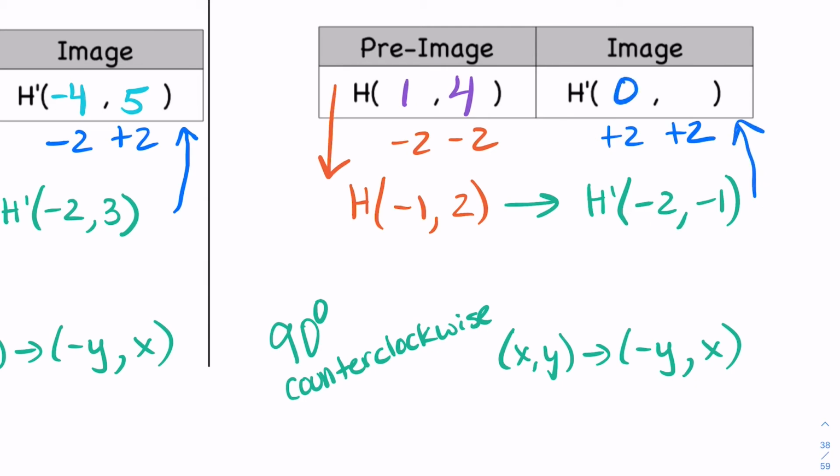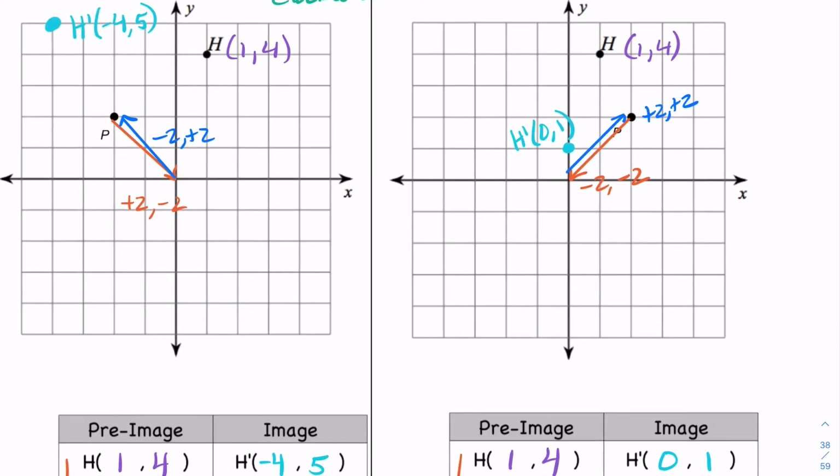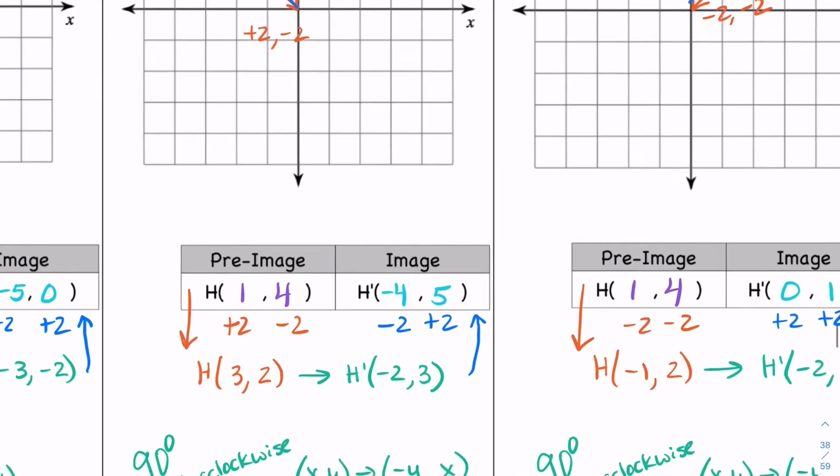So 0, and 2 minus 1 is 1. So 0, 1. Not in the most convenient spot here. H prime is 0, 1. All right, and that is, yep, 1, 2, 1, 2. It is definitely where it belongs.